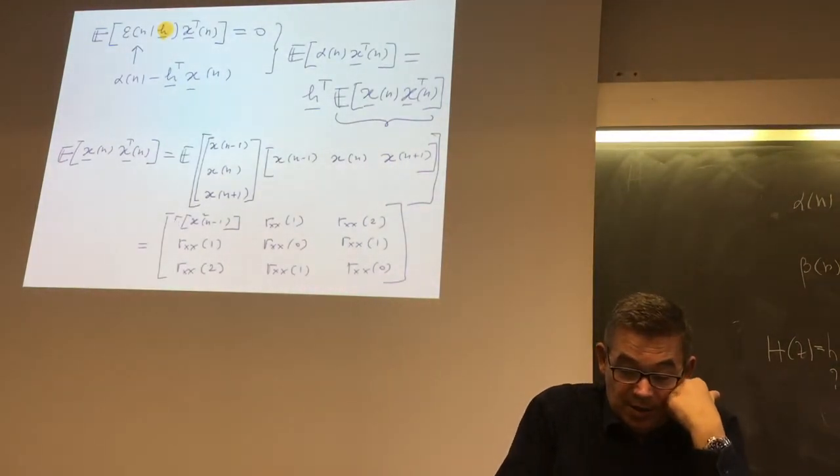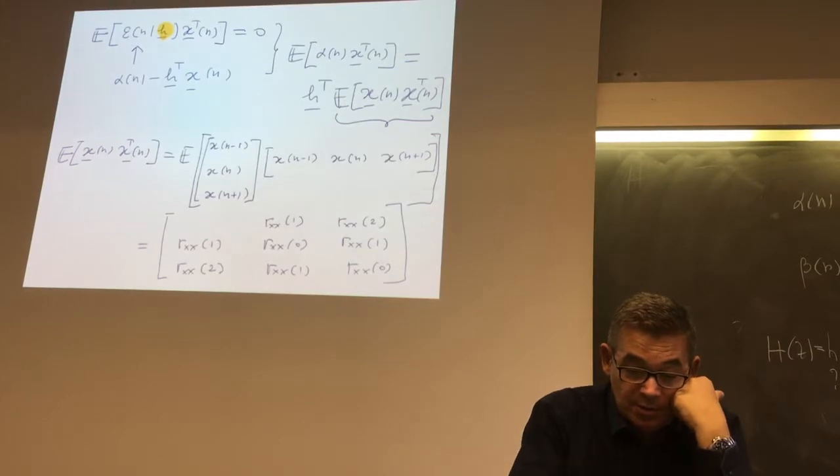So now let me make it compact. So this is rxx calculated in 0.